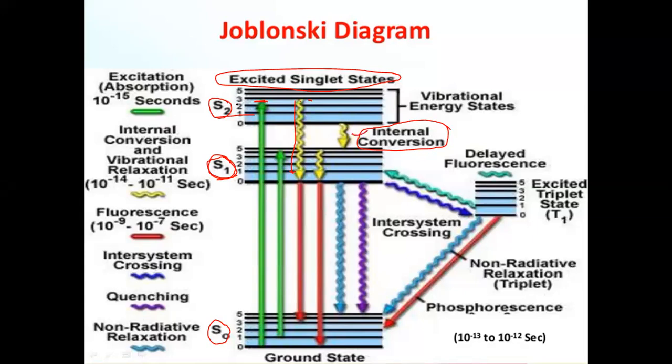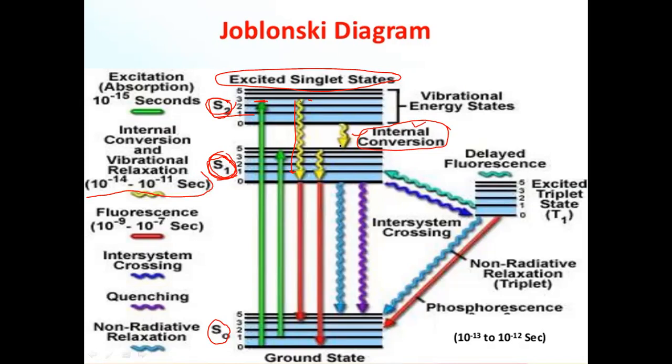It means moving from a higher excited energy level to a lower excited energy level is called internal conversion. The time required for this is 10 to the power minus 14 to 10 to the power minus 11 seconds. Okay. This conversion is called internal conversion. So this is the non-radiative process.